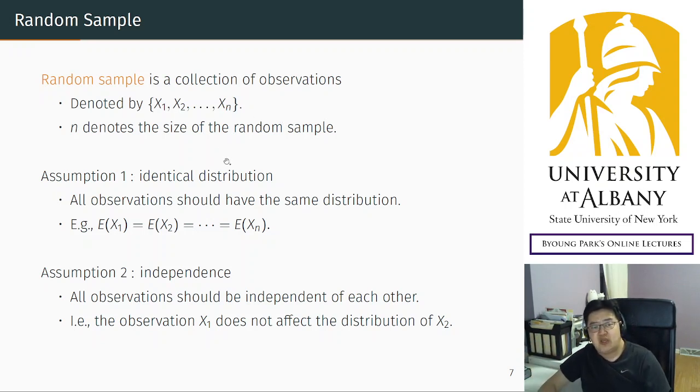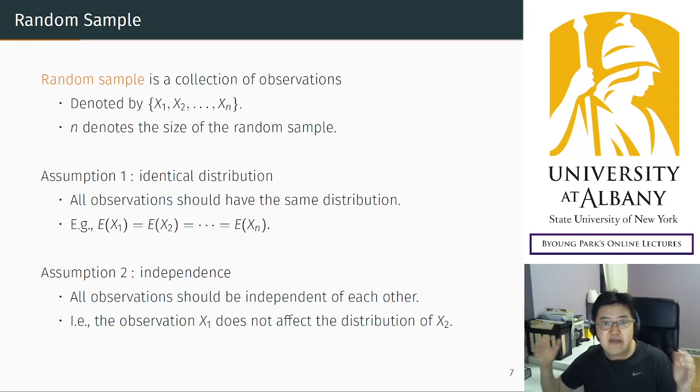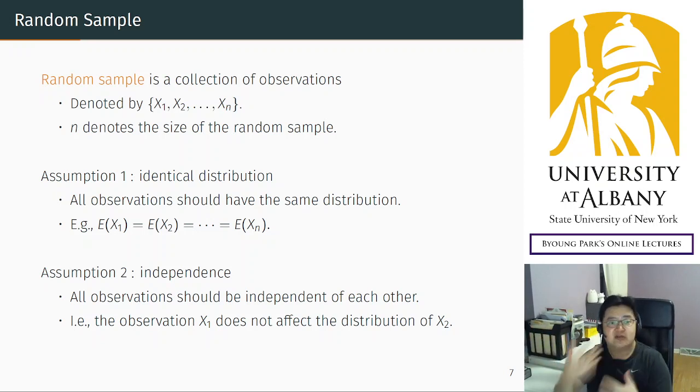That's what we will have in mind in our statistical inference later. You observe a number of observations. Then what we want to study here is, if you recollect the data or regenerate the data, can you replicate your conclusion or not?